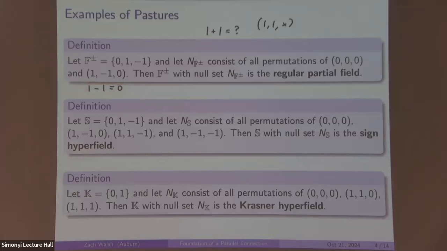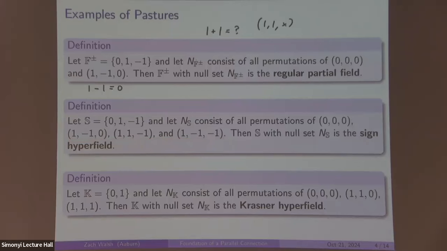Here's one that's a little bit less restrictive. My underlying set is still 0, 1, -1, and I still have the multiplication that you would expect. But now I'm going to put in some more triples. Now I have all permutations of these three triples in my null set.